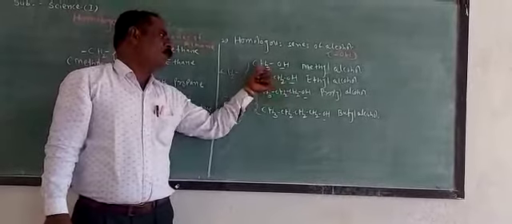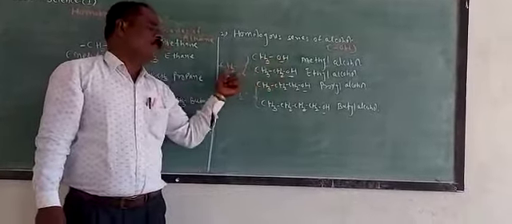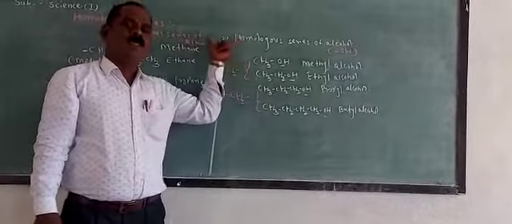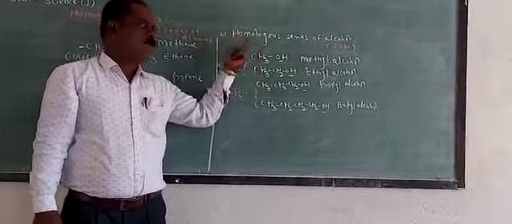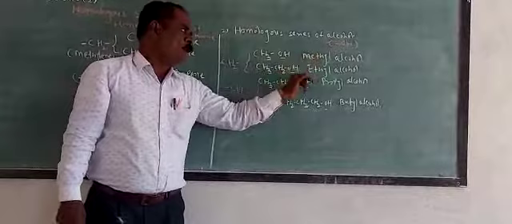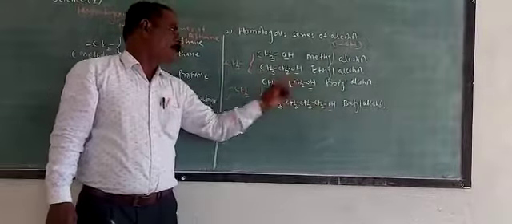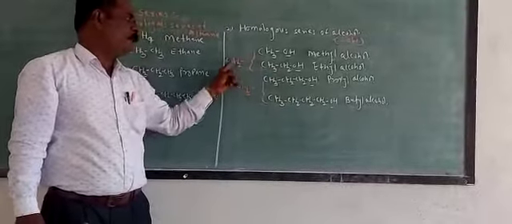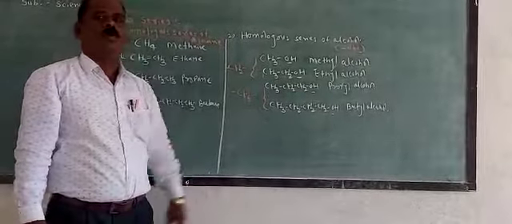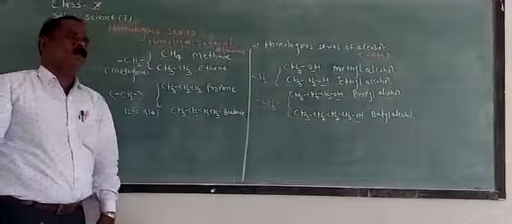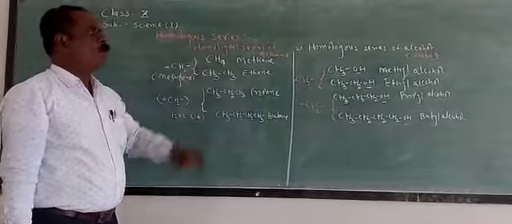Subtract these values of carbon, hydrogen, oxygen and we get CH2. Therefore, how to define it? A series of organic compounds having a specific functional group, in which adjacent members differ by a methylene or CH2 group, is called a homologous series.